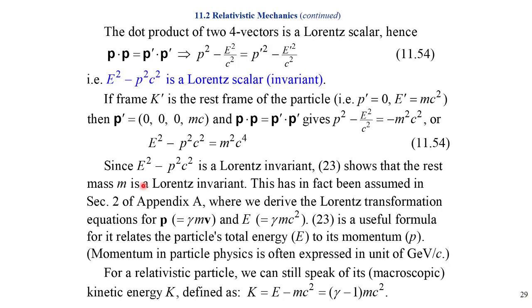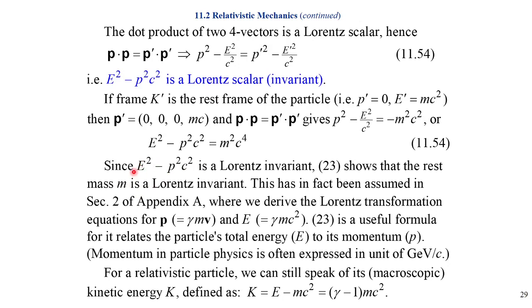Oh, that's new. We do not expect that, but the truth is the rest mass should be a Lorentz invariant. That means in all coordinates, rest mass should be the same.